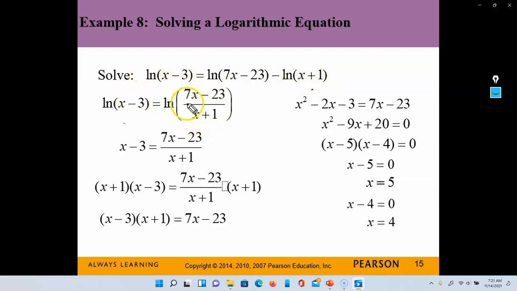So now it is the natural log of something equals the natural log of something. So in a sense, we can divide out the natural log. And then it just becomes this. Now, again, we're going to use some algebra. In a sense, this is like over 1, and this is a fraction. And we said we can cross multiply here.